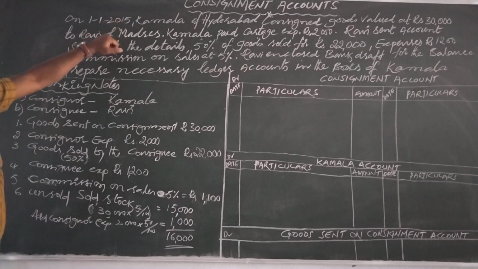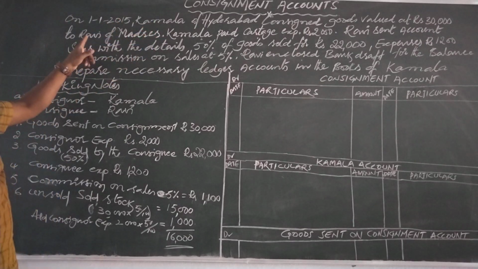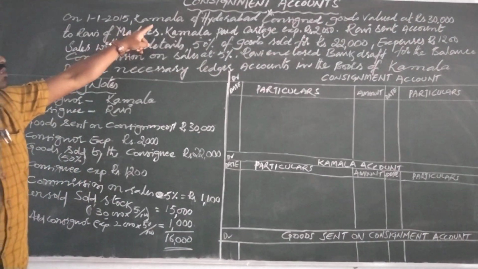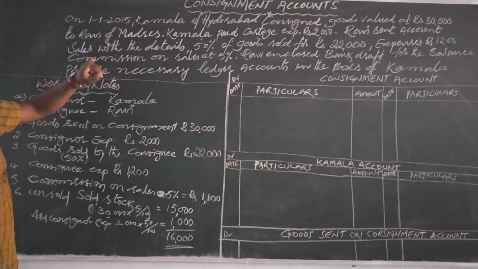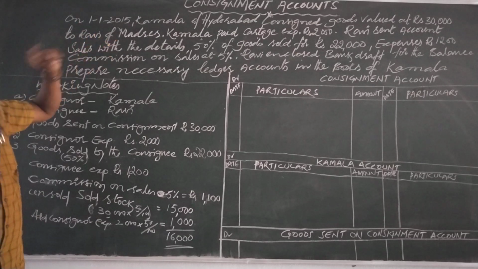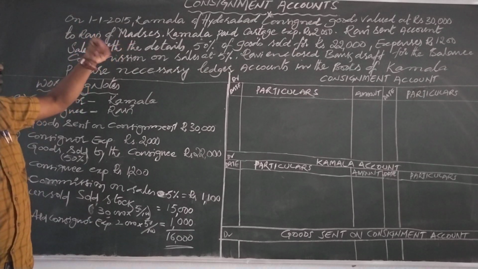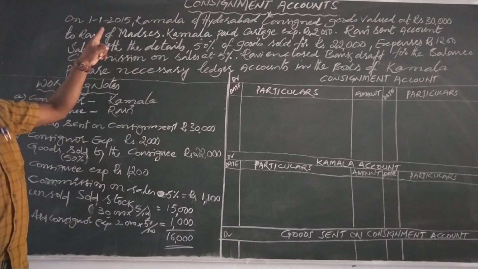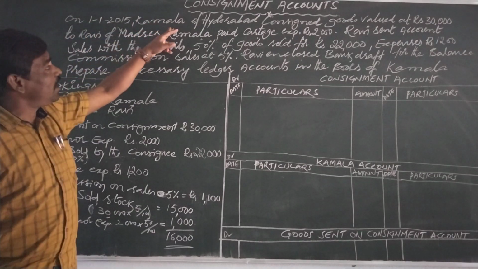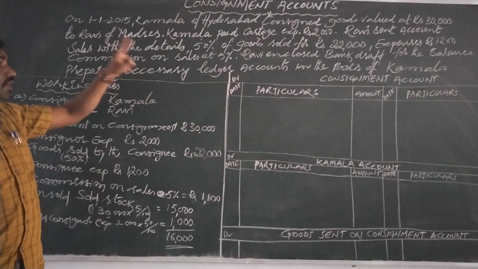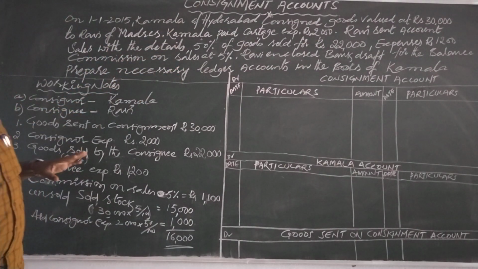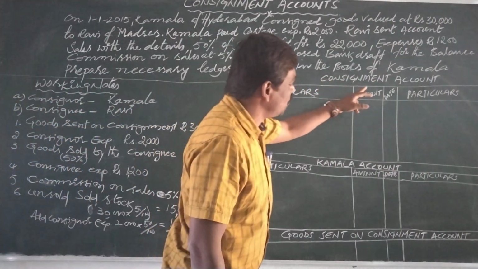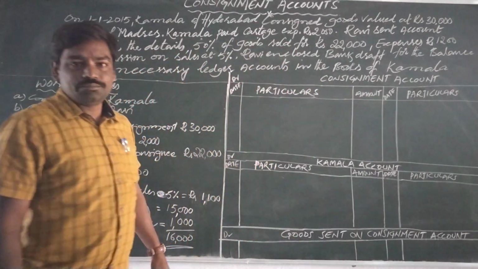Kamala is the person who sends the goods on consignment, so she is called the consignor. Ravi of Madras receives the goods sent on consignment, so he is the consignee.